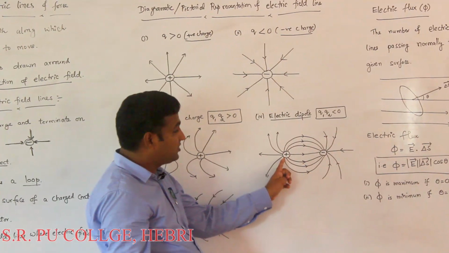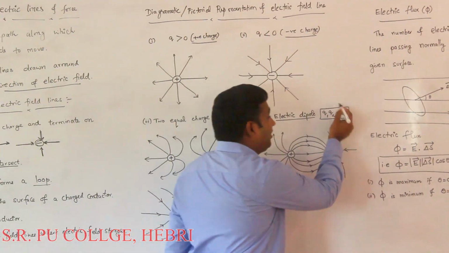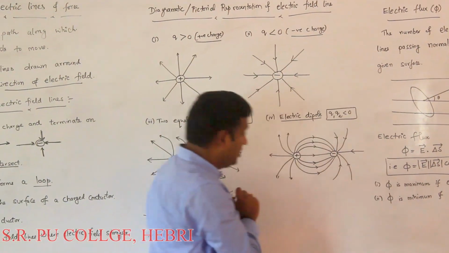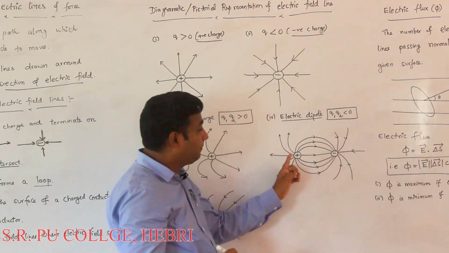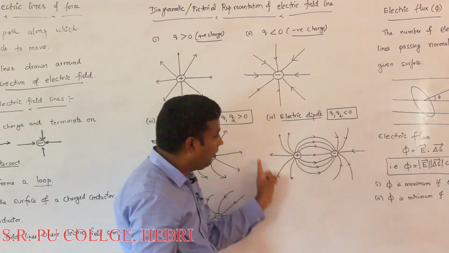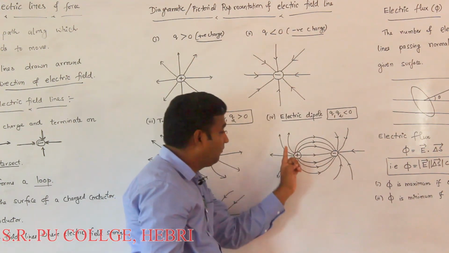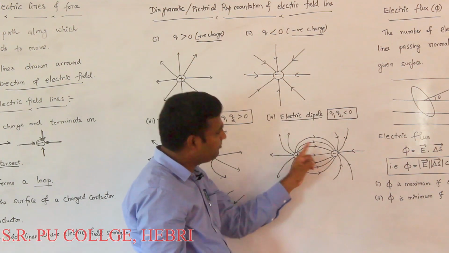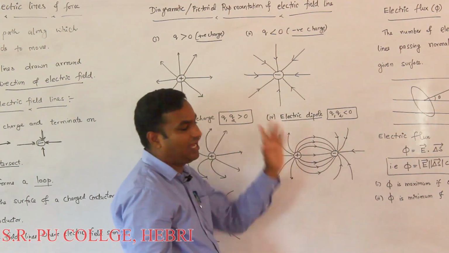The reason is plus into minus, the answer is minus, so the net result is negative. That's why in this diagram, the positive charge and negative charge attract each other. The diagrammatic or pictorial representation of the electric field lines for an electric dipole, or plus minus charge, is as shown in this diagram.